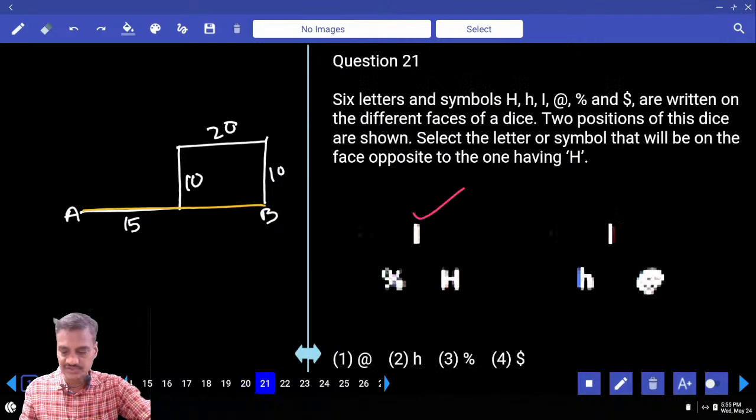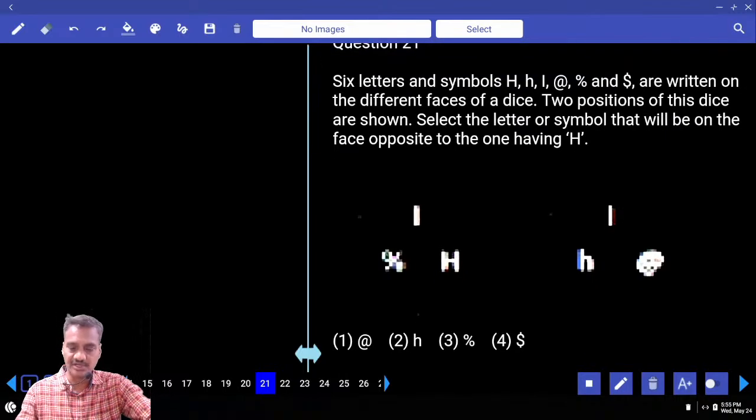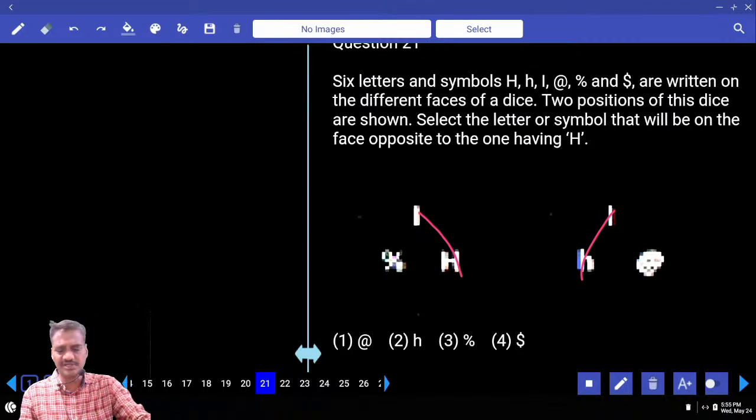Then 21st. In this question number 21, 6 letters were there, and it is based on a cube. The cube is not printed properly here. We need to find out what is opposite to H. Here H and I are common, and here also H and I are common. Capital H and small h were there.